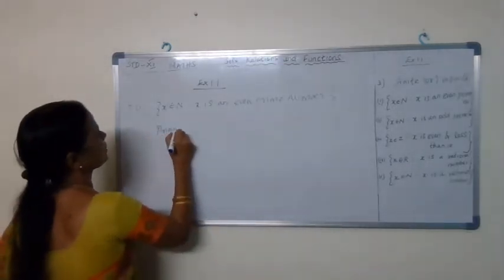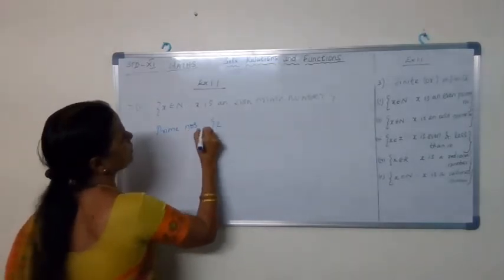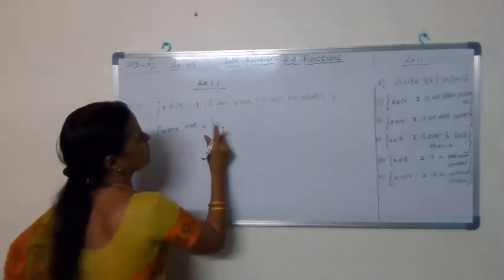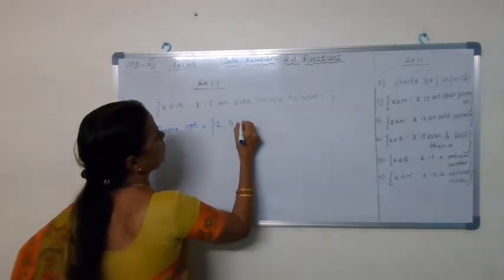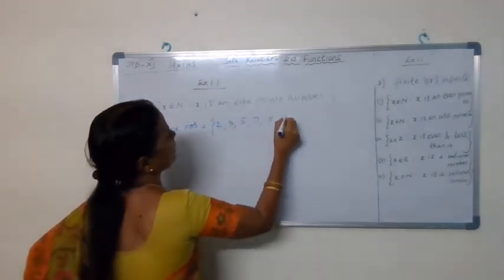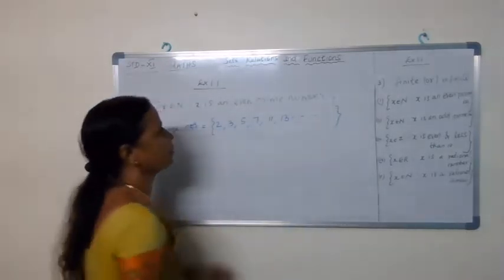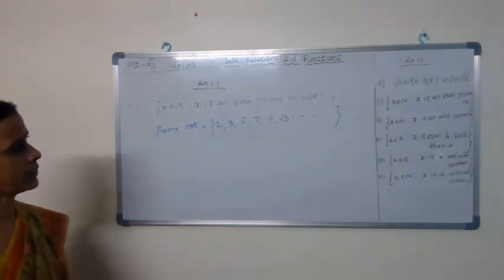Prime numbers: 2, 3, 5, 7, 11, 13, etc. You have so many prime numbers.